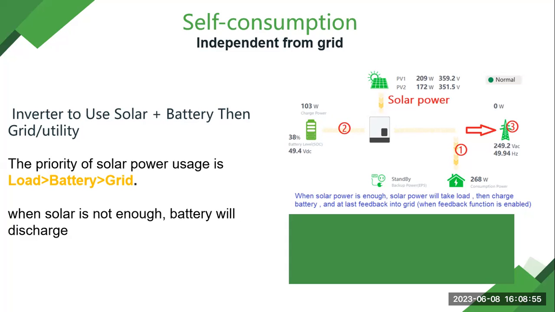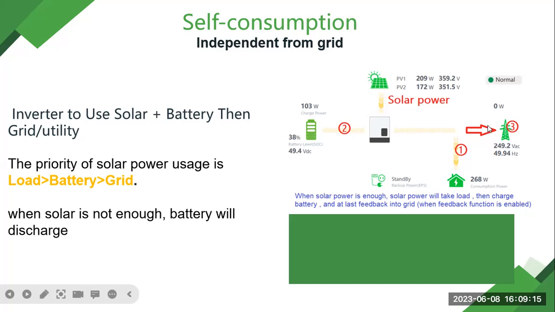For example, if you have solar as here, 300 watts, and in this picture it is enough, right? However, if you have an 800 watts load, the extra 400 will be from the battery.